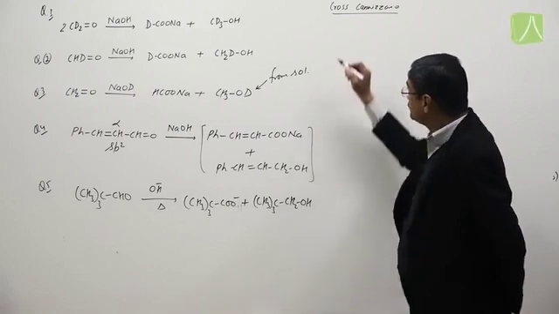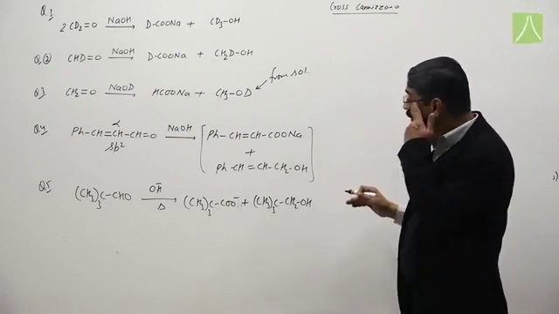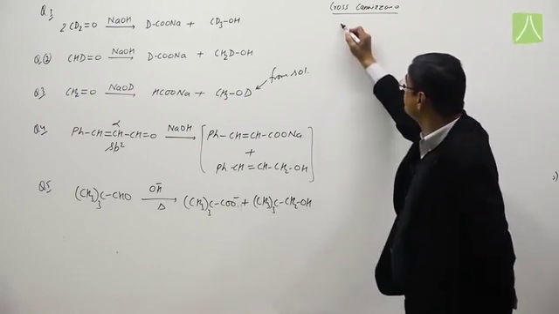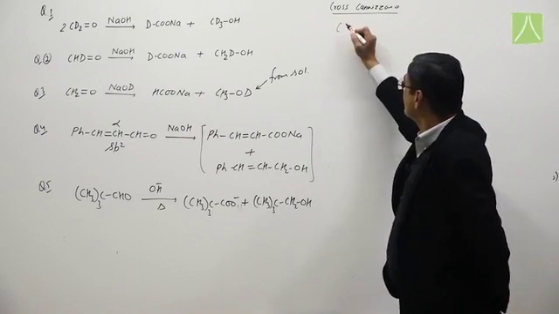In the cross Cannizzaro, the small and more reactive one is very important.